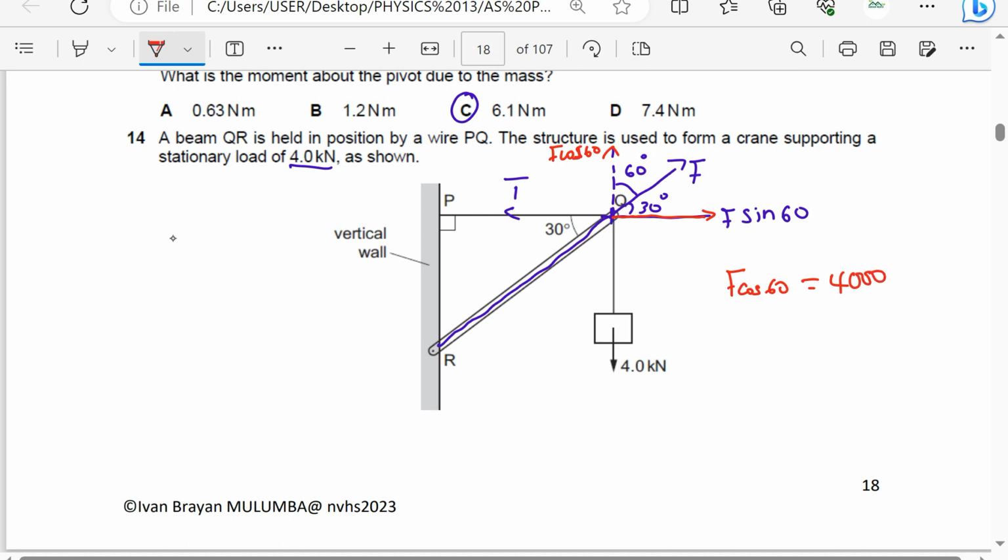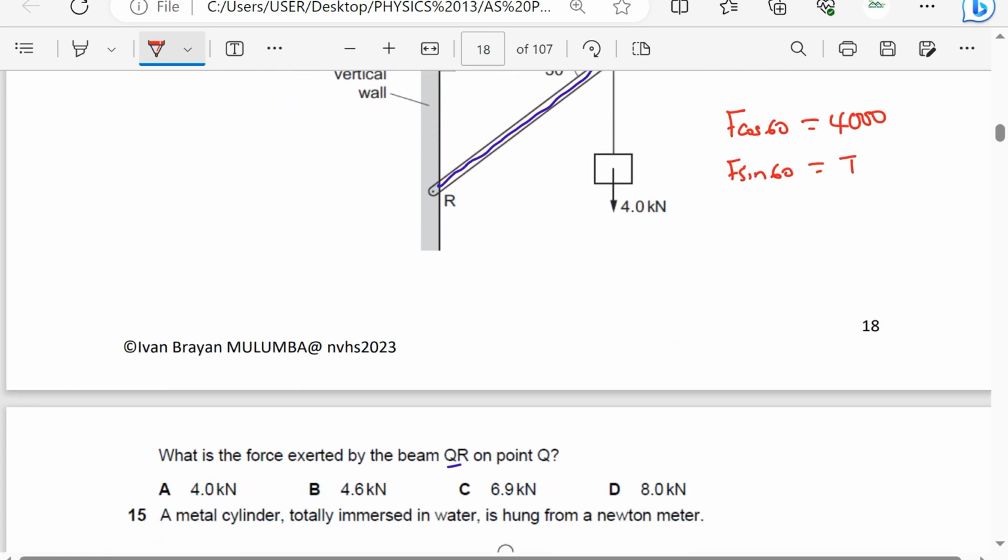And if I consider F in the horizontal, then F sine of 60 is going to be equal to T. Okay, so let's try to solve these two equations because I want to find the force exerted by the beam QR on point Q. So I have to combine these two equations here.